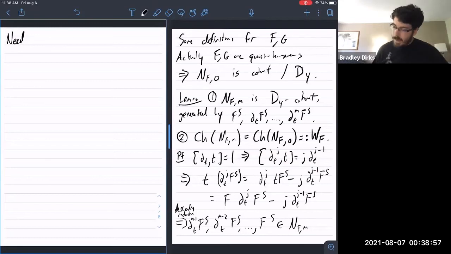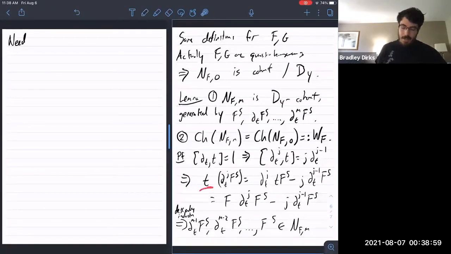Also I should say, when you do this multiplication by T, the generator, that's in the submodule generated by the smaller powers and the differential operator action. So this allows us to absorb the T action once we know that these guys are contained in this N_F^m.